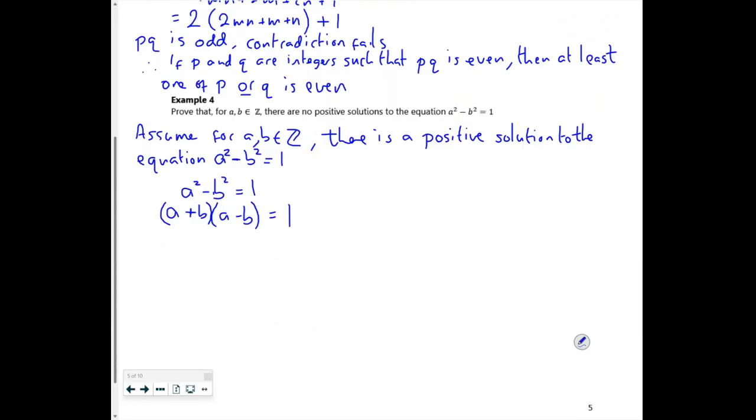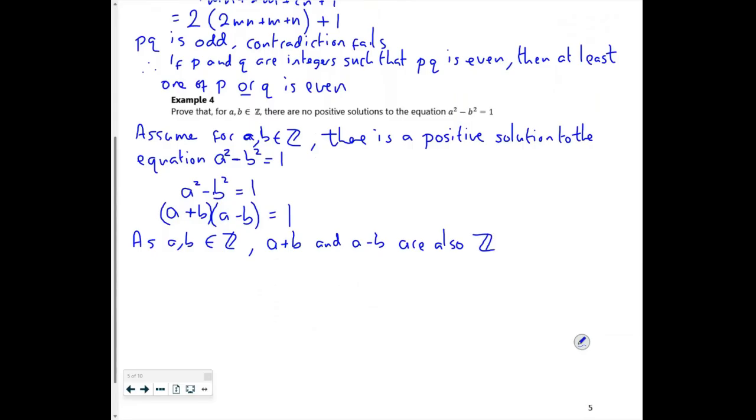If a and b are integers, as I've scruffily written up there, then a plus b must be an integer and a minus b must be an integer. So that's one thing to think about. So as A and B belong to the integers, comma, A plus B and A minus B are also integers.